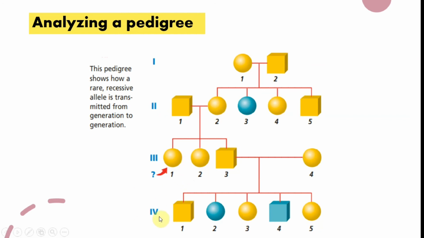Because generation 2 has one parent who is heterozygous and the other parent who is assumed to be homozygous normal, generation 3, individual 1 most likely has a 1 in 2 chance of being a carrier.